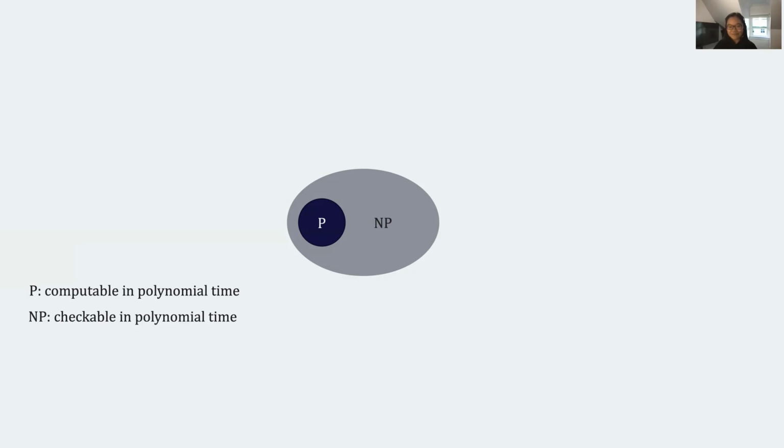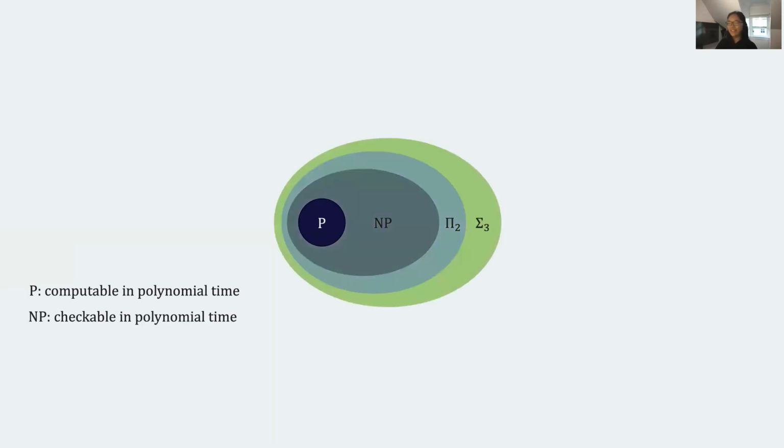Complexity theorists generally believe that P does not equal NP, but we don't know how to prove it. What that means is that we believe there are problems that are not solvable by a physical classical computer in a reasonable amount of time. Once we've gotten here, we can keep building more levels of non-determinism into these complexity classes. They are mysteriously called Pi2 and Sigma3 and so forth.